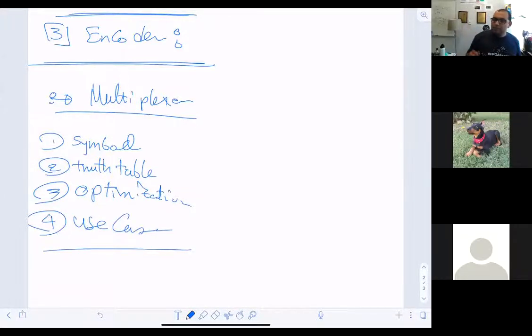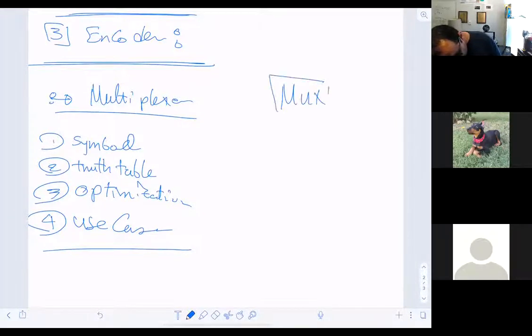Okay, so what is multiplexer? Normally, as a circuit designer or digital logic designer, for multiplexer we use these three letters to say MUX. So multiplexer, MUX. If you have one multiplexer, it's a MUX. If you have many of them, MUXes.